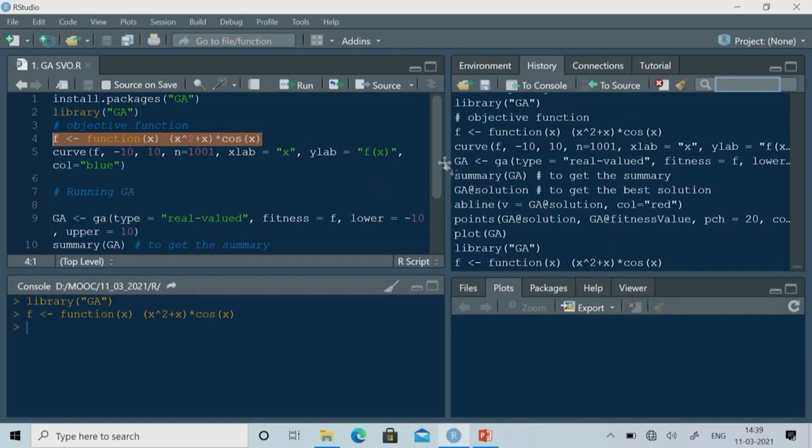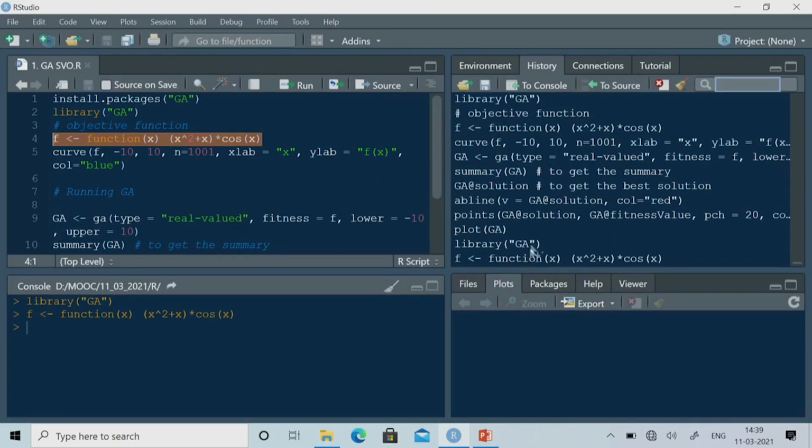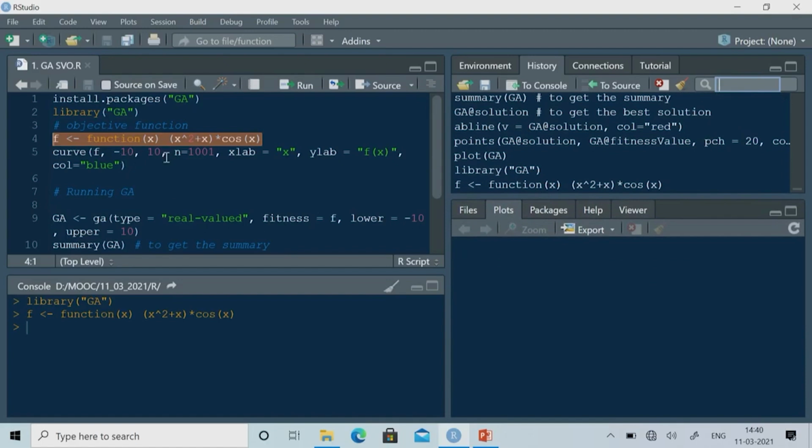Next, I would like to plot this particular function between -10 and 10. For plotting this single variable function, I can use the curve function of R. So, you use curve and the arguments are f, the function I would like to plot, and then the lower bound -10 and upper bound +10, and the number of points you need.